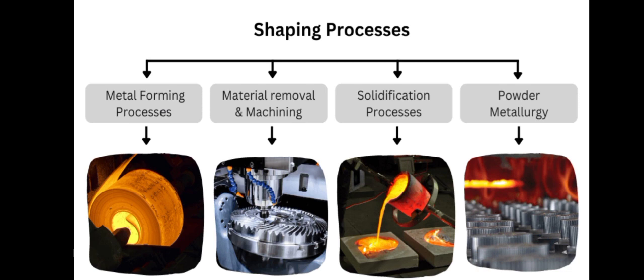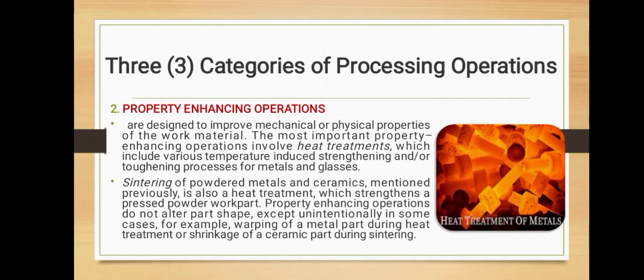Second processing operation is property enhancing operations, which are designed to improve the mechanical or physical properties of the work material. The most important property enhancing operations involve heat treatment, which includes various temperature induced strengthening and or toughening processes for metals and glasses.